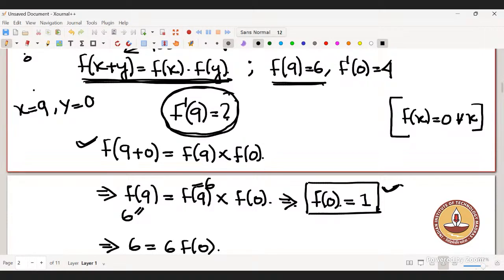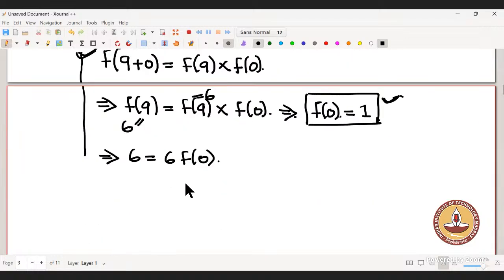When you try to find this f dash 9, then only you can realize why we have computed f of 0. As soon as you write the definition of f dash 9, you will see why f of 0 is essential. So this calculation is fine to you, right? Yes, that is fine.